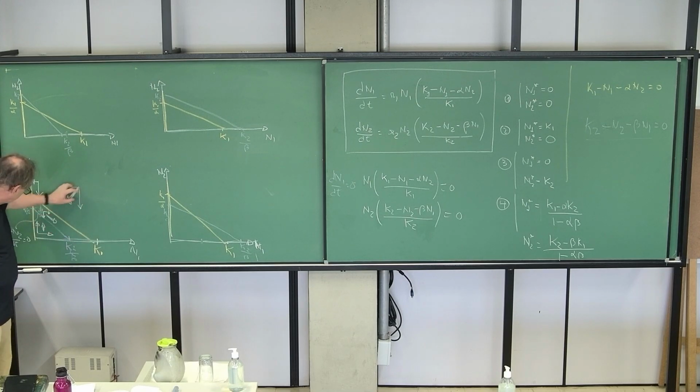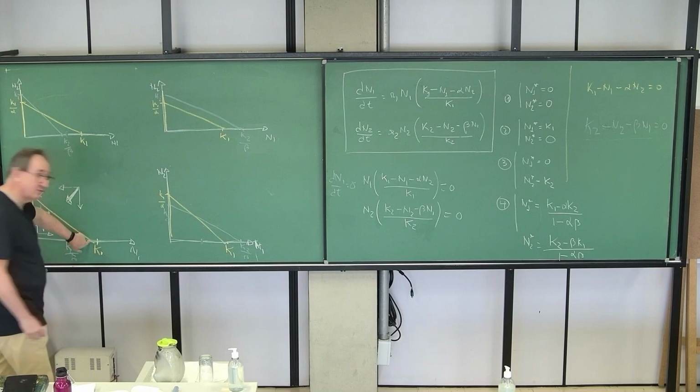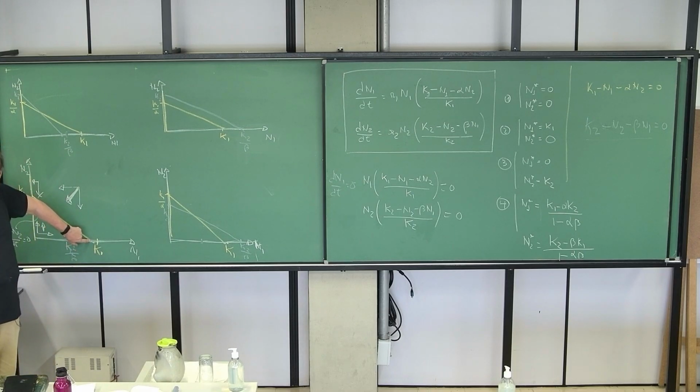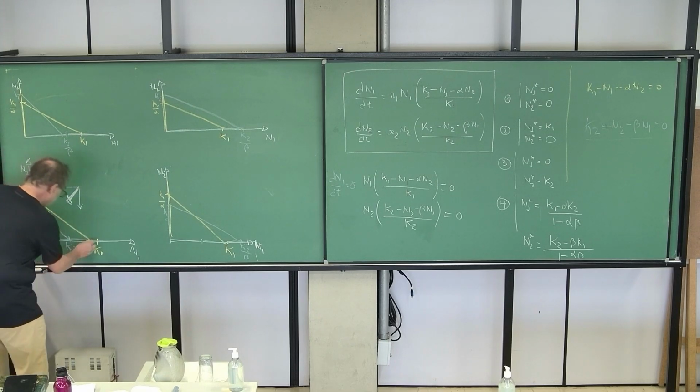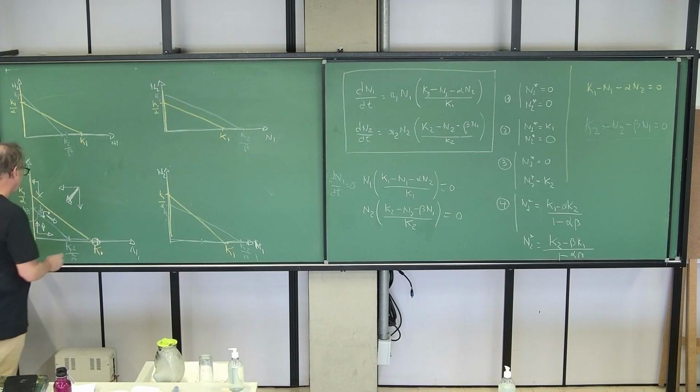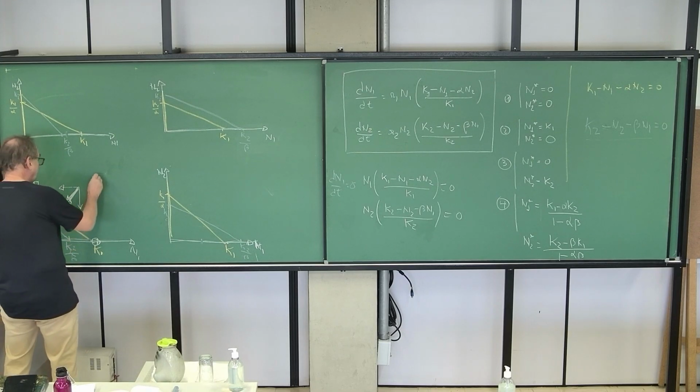So if it crosses here, it will go here. And if you start here and cross this line, then it will be in this direction. And if you cross it from below, it will go here. So at the end of the day, you go to N1 equal to K1 and N2 eliminated. So this point here is stable. The stable fixed point in this configuration is N1 equal to K1 and N2 equal to 0.